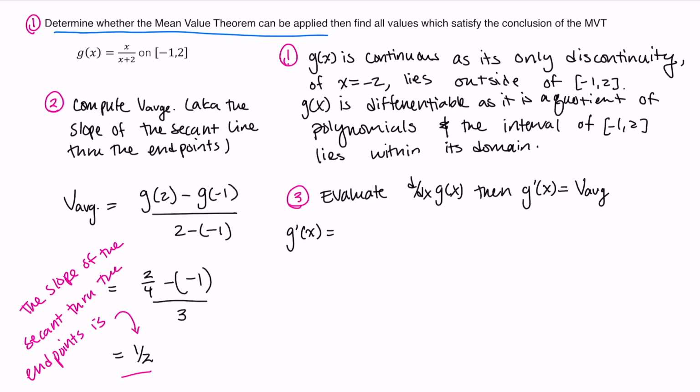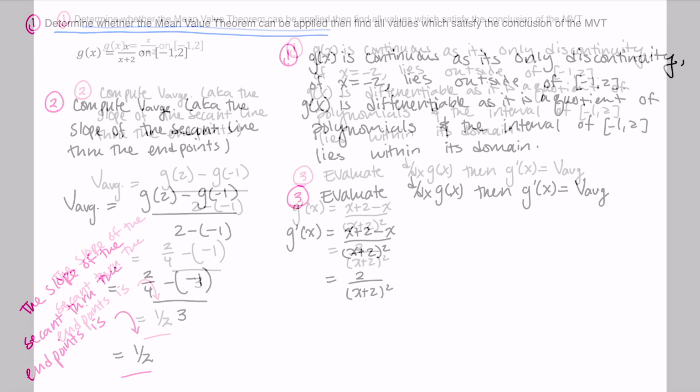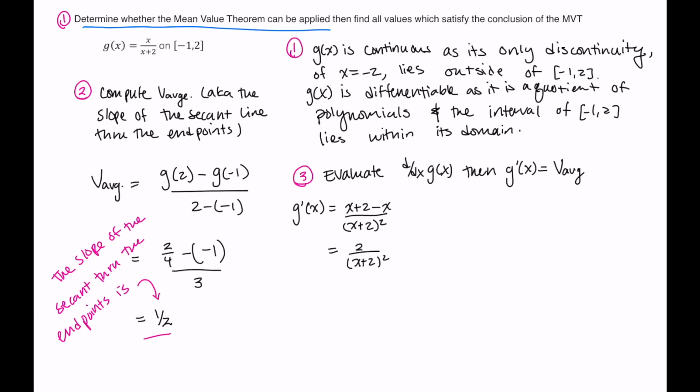The derivative of the numerator is 1 times the denominator x plus 2. From that, we're going to subtract x times 1, which is just x, over x plus 2 quantity squared. So this is 2 over x plus 2 squared. Okay, so now let's go ahead and set this derivative, 2 over x plus 2 quantity squared, equal to 1/2.